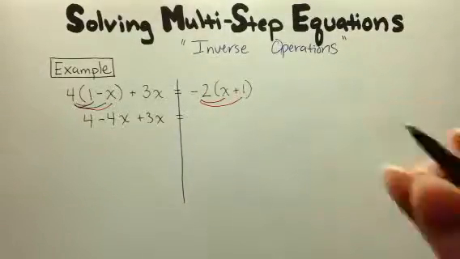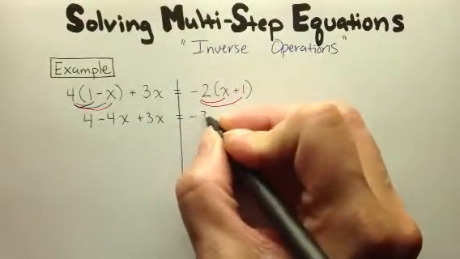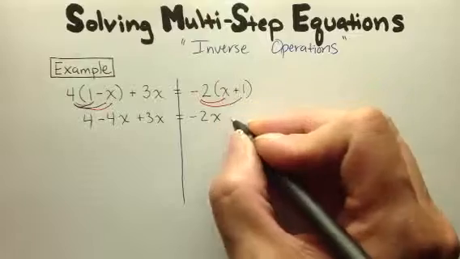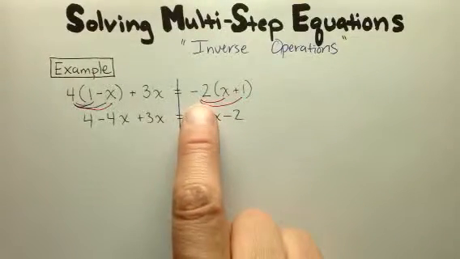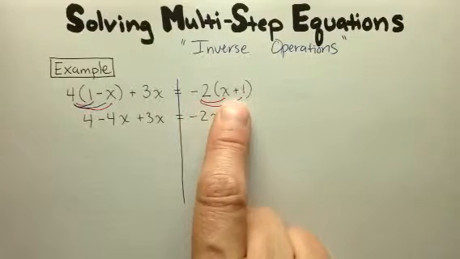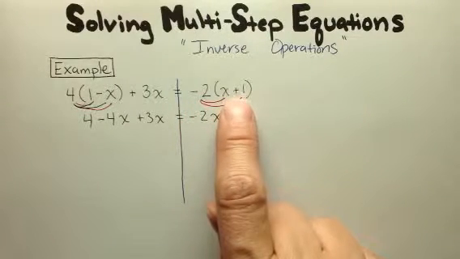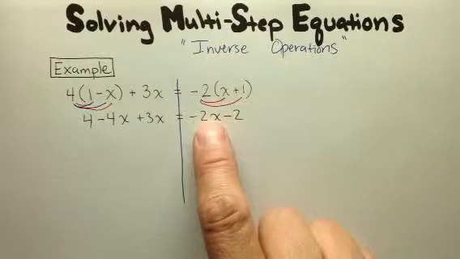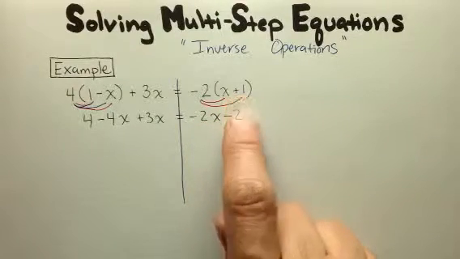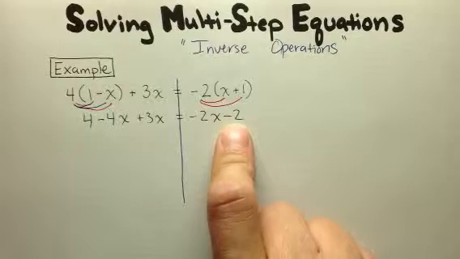I'm going to distribute this sum, and I get negative 2x minus 2. Remember, when you distribute a negative number, it always changes the signs inside the parentheses. First x was positive, now it's negative. The constant term 1 was positive, now it's negative.